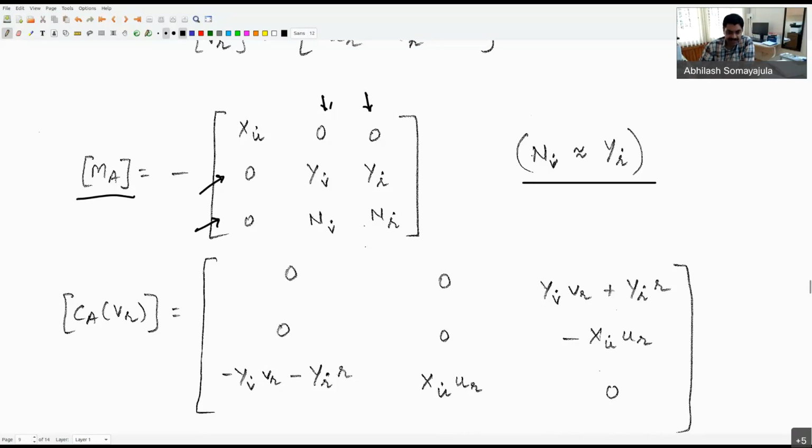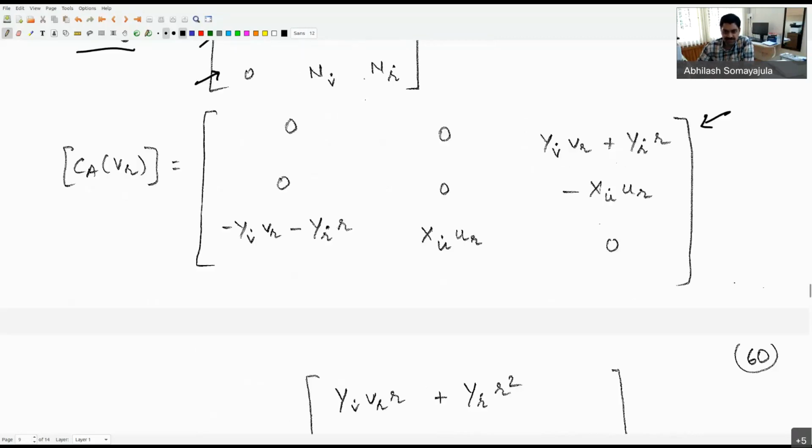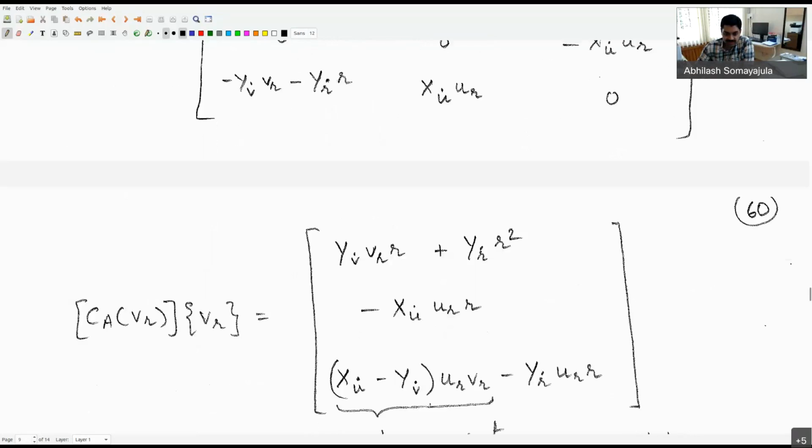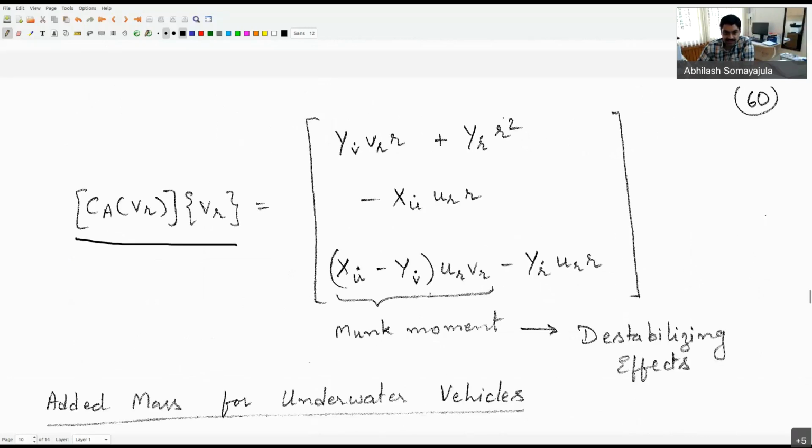Now, in a 3 degree of freedom model, if this is our added mass matrix, we can construct our Coriolis matrix, and a 3 cross 3 Coriolis matrix is shown here. When I multiply the added mass Coriolis matrix times the velocity, I come up with these terms in the so-called inertial force.